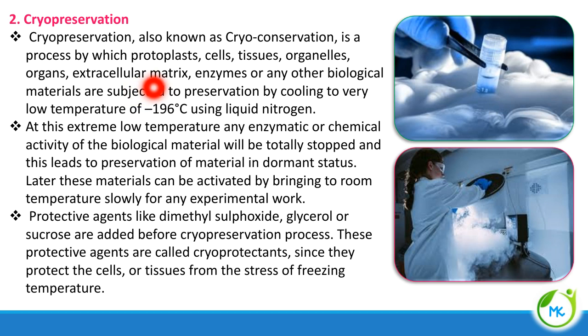It is a process by which protoplasts, cells, tissues, organelles, organs, enzymes, or any other biological material are subjected to preservation by means of cooling. Okay, this cooling is done at a very low temperature, minus 196 degree Celsius, using liquid nitrogen. Okay, so this method is called as cryopreservation.